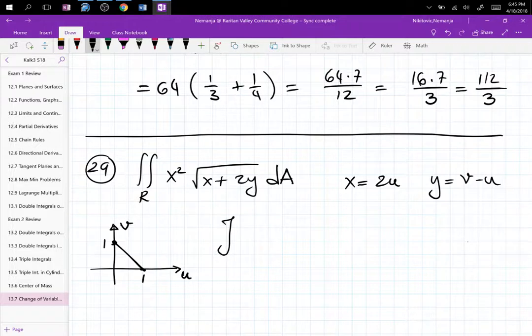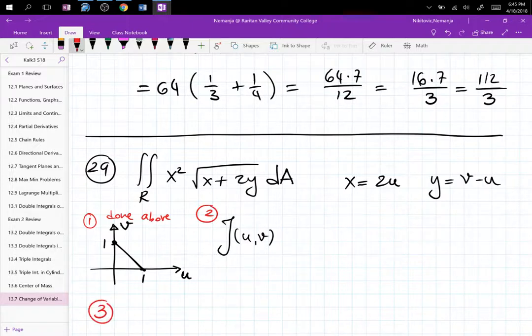So Jacobian. Step number 1, I'll just say done above. Step number 2, then later on step number 3 to put the integral together. So now what I have is a Jacobian over here.